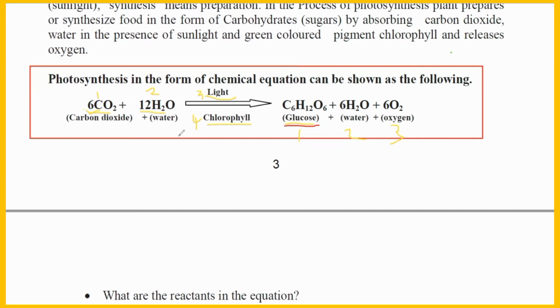So a total of 4 reactants are participating: number 1 carbon dioxide, number 2 water, number 3 sunlight, number 4 chlorophyll. These are the reactants. When you take the products, there are 3 products: glucose or carbohydrate, number 2 water, number 3 oxygen.